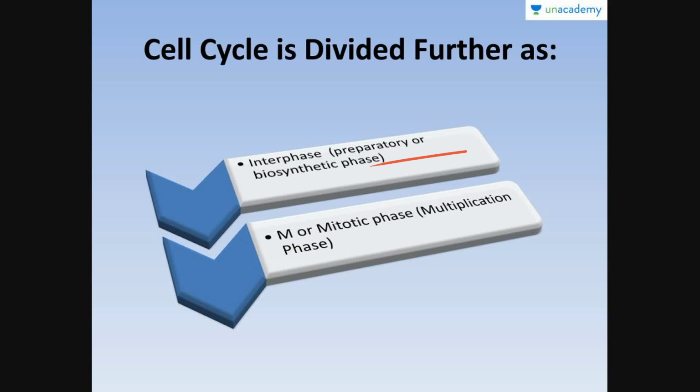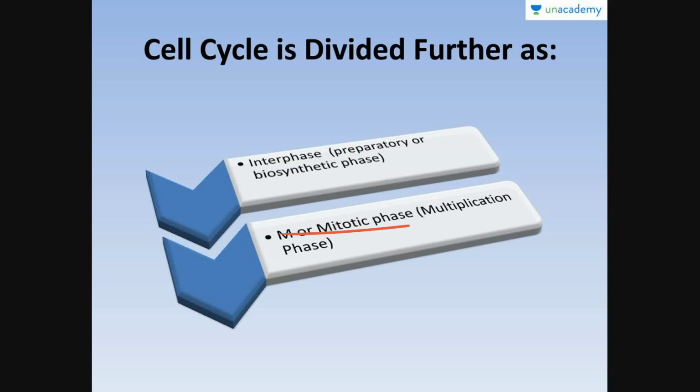What preparation? The replication of the genetic material, the duplication of its cell organelles, and the synthesis of various biomolecules like proteins, RNA, etc. It is also called as the biosynthetic phase because here synthesis of cell organelles, genetic material and biomolecules is occurring.